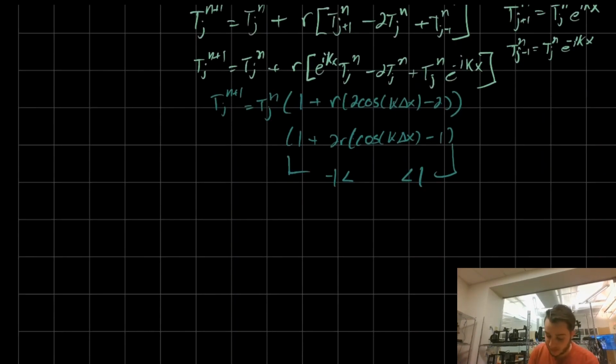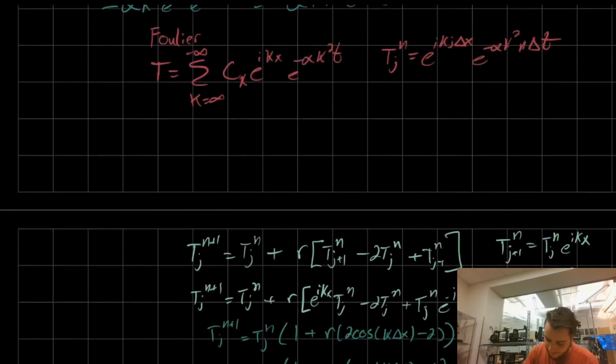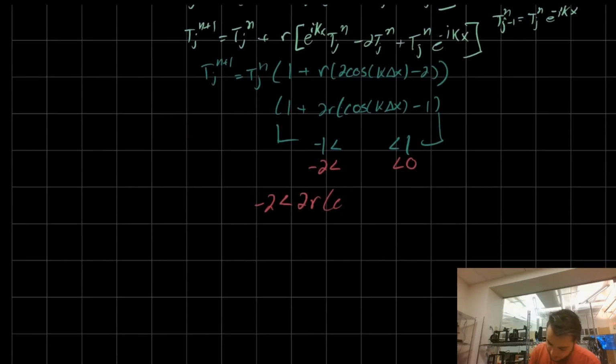And if we subtract 1 out from it, we get our new bounds, negative 2 and 0, right? So we write this inequality out. Negative 2 is less than 2r times cosine of k delta x minus 1, which is less than 0.